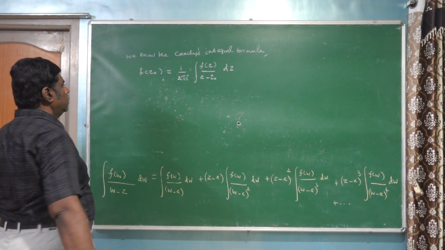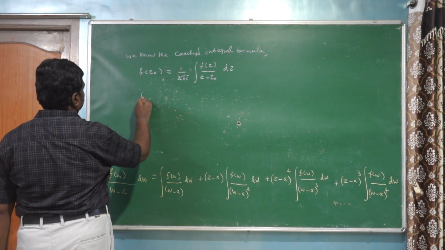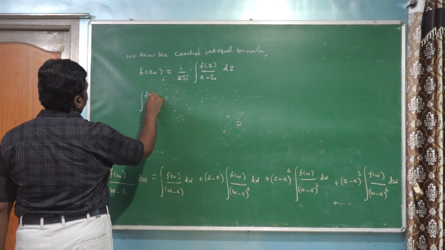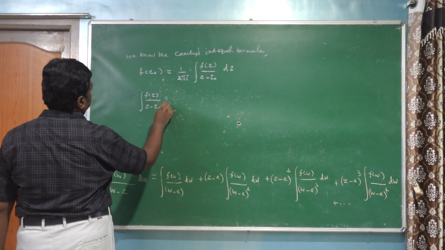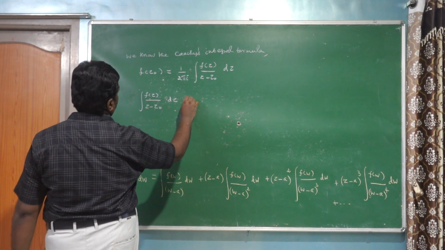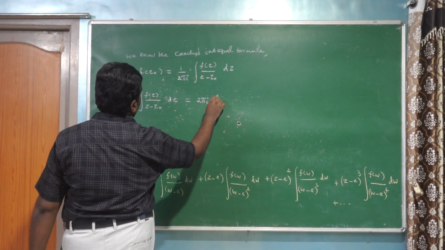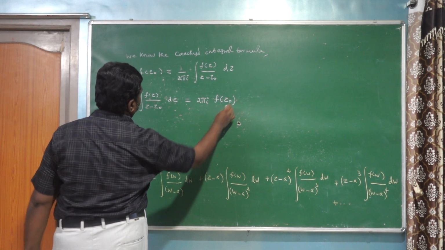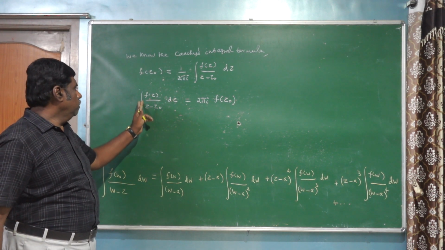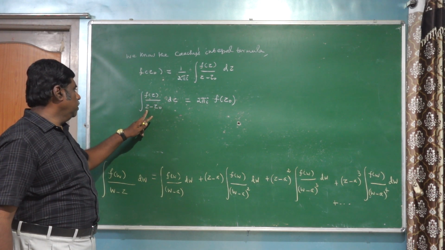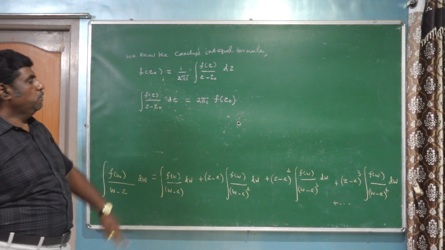This is our Cauchy's integral formula. From this, integral f of z divided by z minus z0 into dz equal to 2 pi i into f of z0. Using our Cauchy's integral formula, we have written the value of integral f of z divided by z minus z0 dz, that is equal to 2 pi i into f of z0.